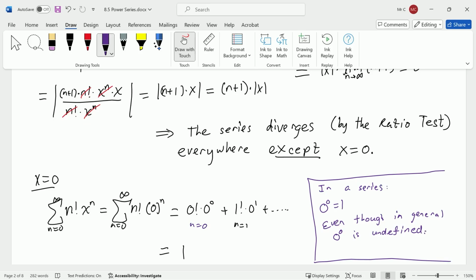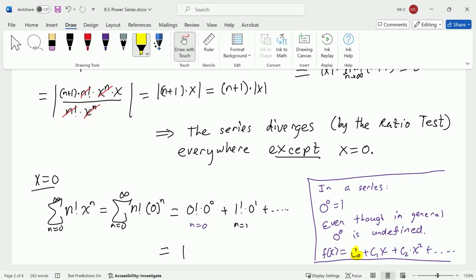So why do we do this? Well, like we saw earlier, what we're trying to describe with the power series is this infinite polynomial, and the first term of an infinite polynomial is always a constant, not a constant times x to some power.